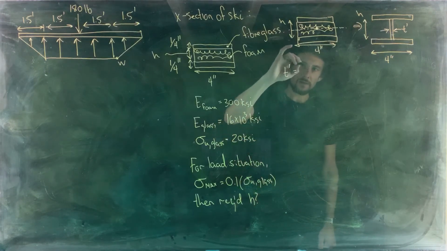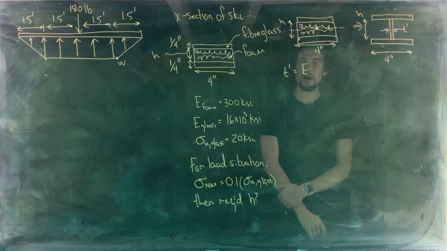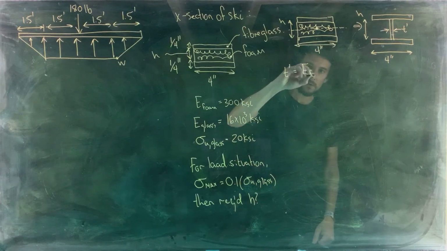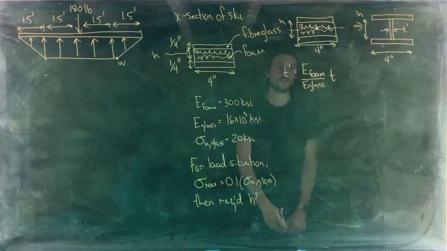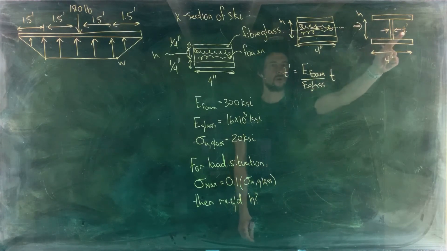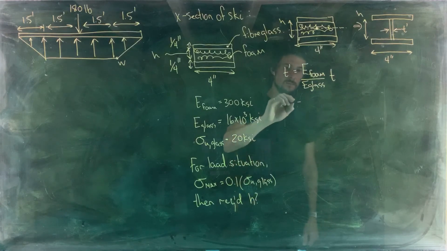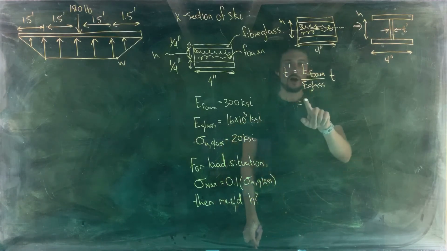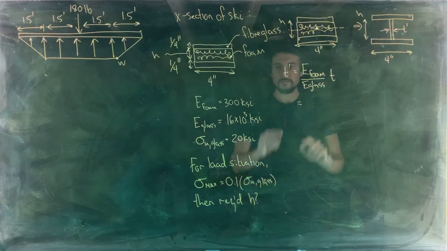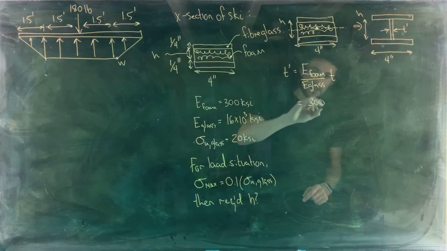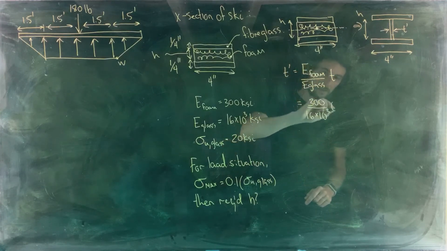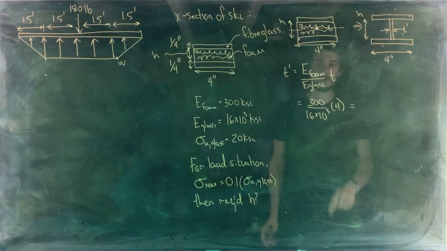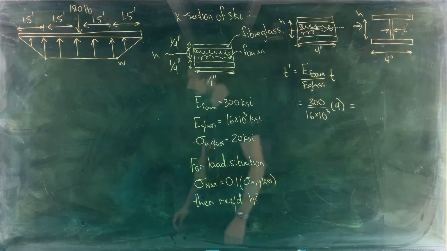So we've got the modulus of the foam divided by the modulus of the glass, multiplied by the original thickness, will give us our transformed thickness T prime here. Putting in some numbers, we've got 300 KSI, and 16 times 10 to the 3, and we're multiplying by 4 inches, so we'll get our new thickness T prime from that.